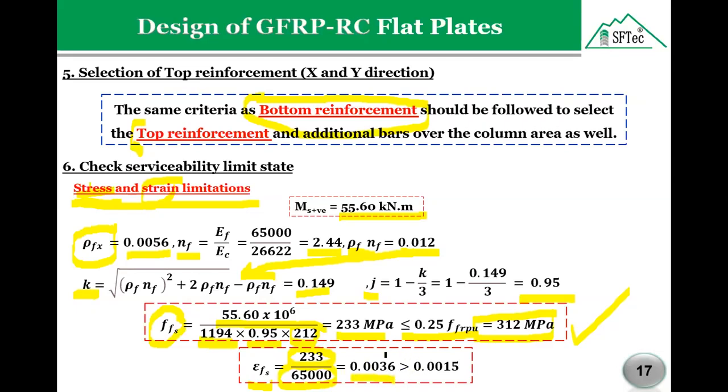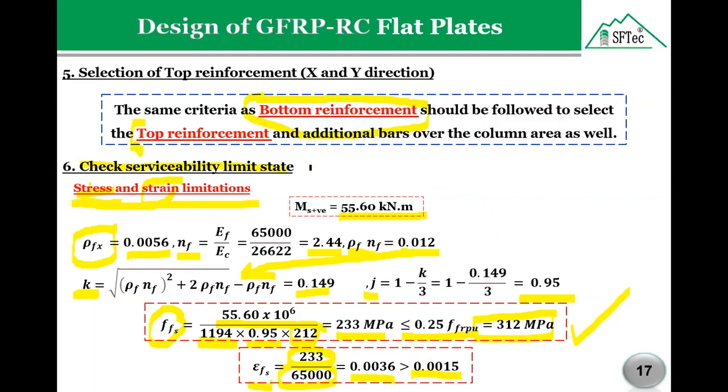And actually this value is greater than 0.0015. So when this value is greater than 0.0015, you should go to step number 2 in the checking of the serviceability limit state.